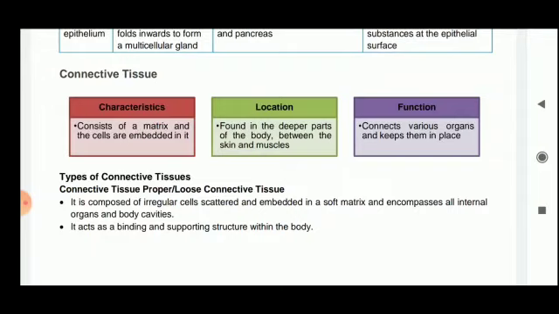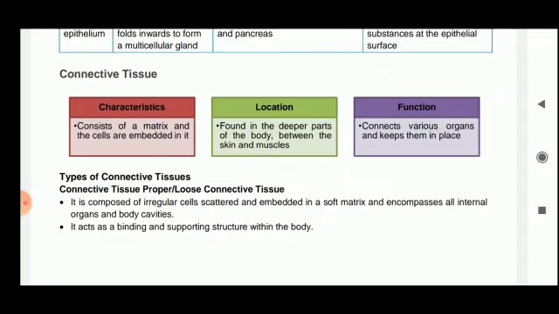Just imagine, children, if you didn't have this kind of connective tissue, your skin would be just like a wrapping sheet. Your organs would just drop down inside your skin, and your skin would be like a bag or a pouch in which you can put anything and it will move here and there.